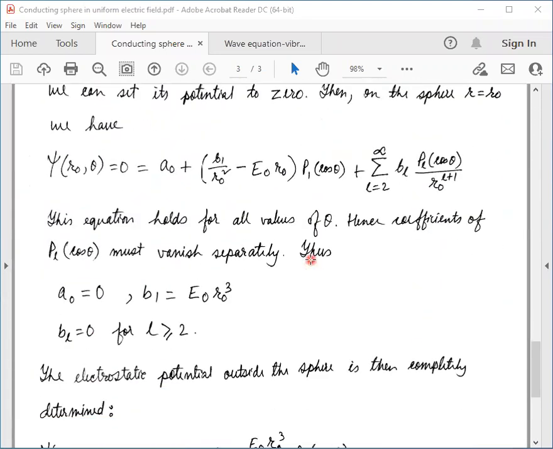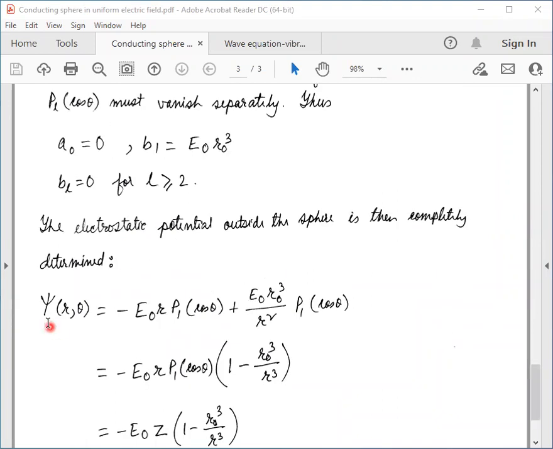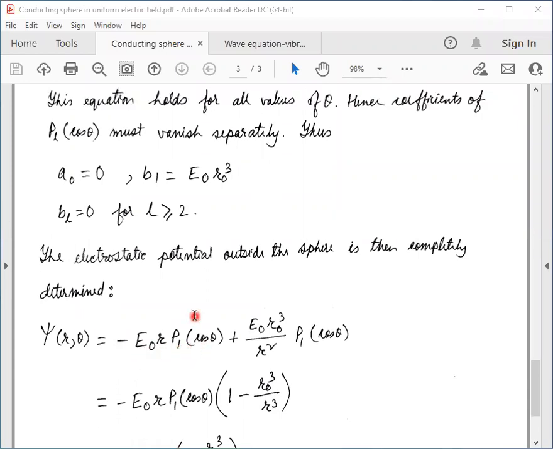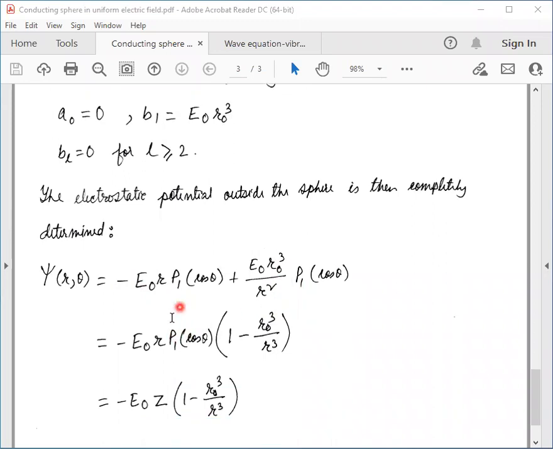Then we get the final expression like this. psi(r, theta) equals A1 r P1 cos theta, that is minus E0 r P1 cos theta, plus B1 by r square P1 cos theta. From this, I take minus E0 r P1 cos theta common. Then we get minus E0 r P1 cos theta times (1 minus R0 cube by r cube).